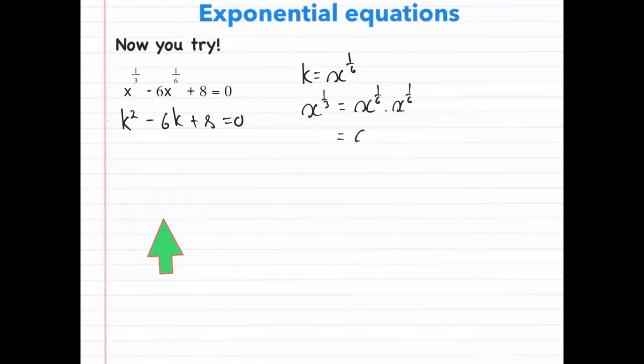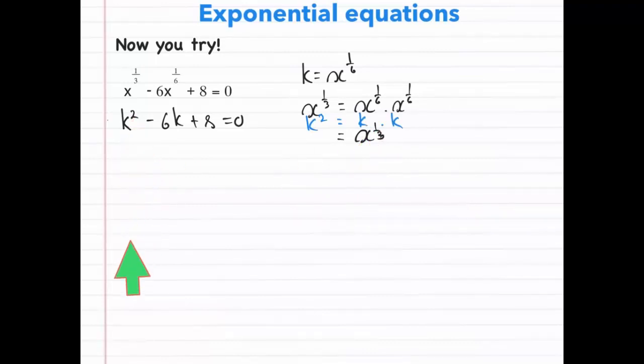And then this will give me x. And look again, a sixth plus a sixth is a third, right? So just to show you again, there we go. And this means that if this is a k times a k, we will have a k squared, right? Okay, great. So that's where the k squared comes from.